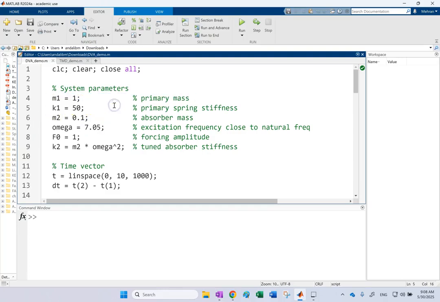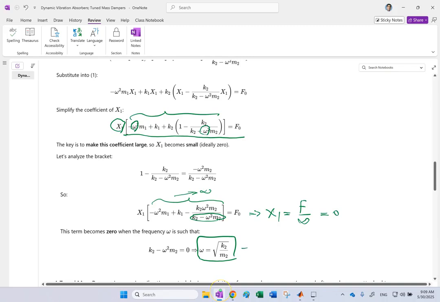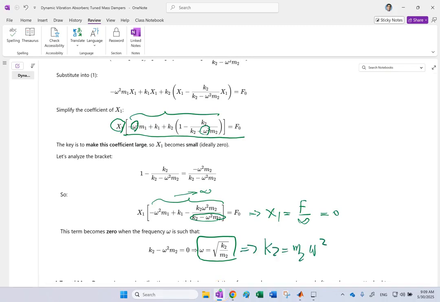So now what do I do? I pick a smaller mass, like 0.1 of a kilogram, and then for K2, I solve from that equation that I have, right? Clearly from here, you can see that K2 equals M2 times omega squared.